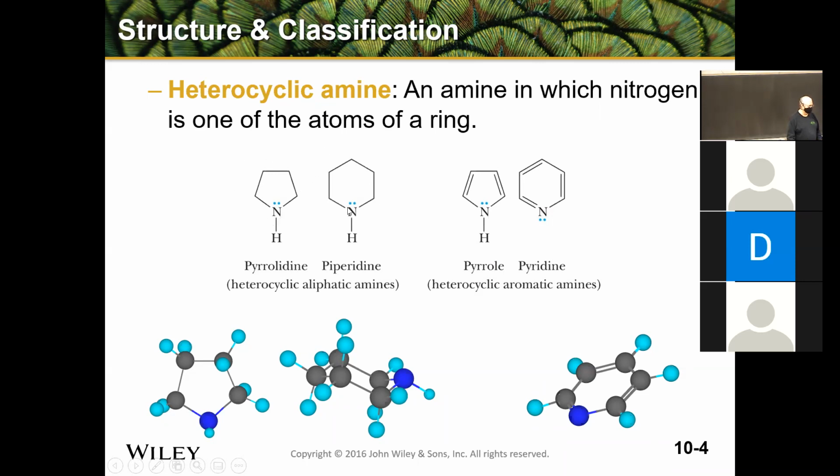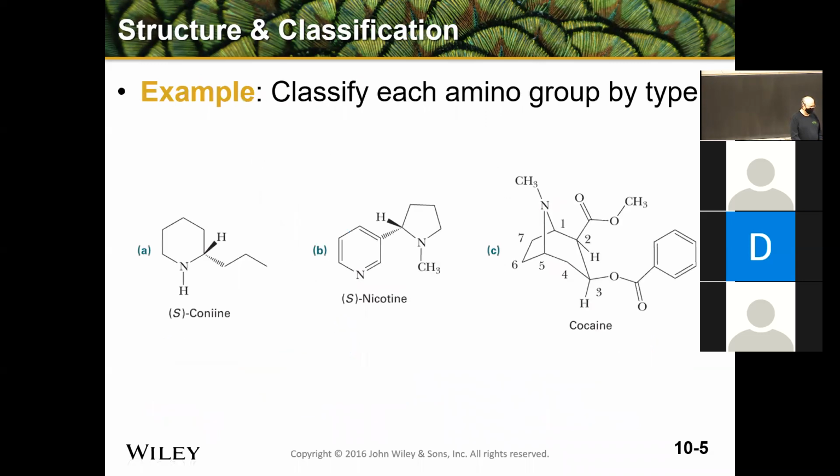In fact, there's no conjugation around the ring. Okay, I'm going to show you this again. These are some naturally occurring amines. These are called alkaloids. Coniine from hemlock, nicotine from tobacco, and cocaine from the coca plant.